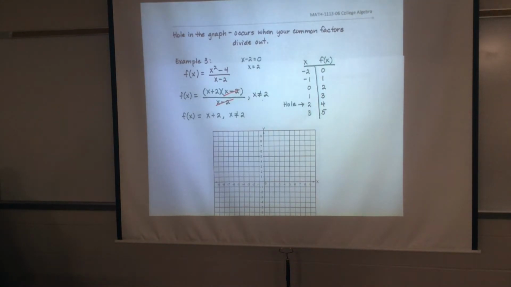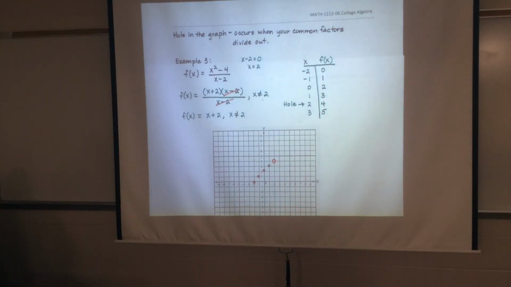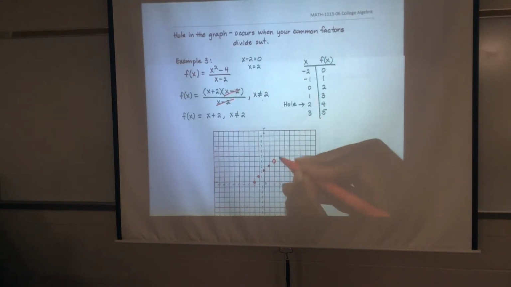And then I'm going to plot negative 2, 0. That will be to the left 2 and on the x-axis. Negative 1, 1 will be to the left 1 and up 1. 0, 2 will be on the y-axis. 1, 3 will be to the right 1 and up 3. 2, 4 will be to the right 2 and up 4. But at 2, 4, that's where I will place an empty circle. That's where the hole in the graph will be. And then 3, 5 will be to the right 3 and up 5.